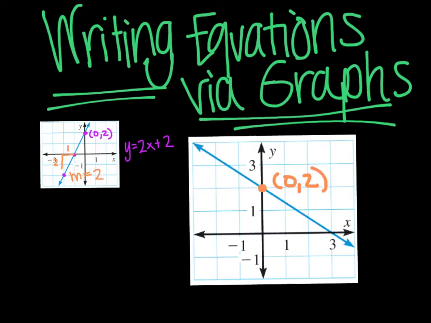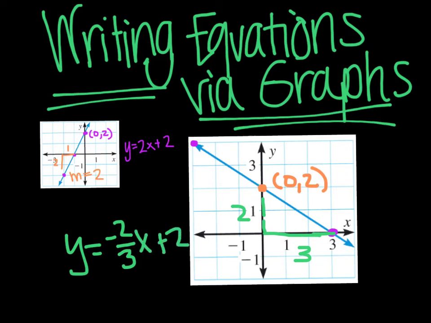Then find the slope by connecting points along the line. And that would be 1, 2, 1, 2, 3. So y equals negative, because it's going downwards, 2/3 x plus 2.